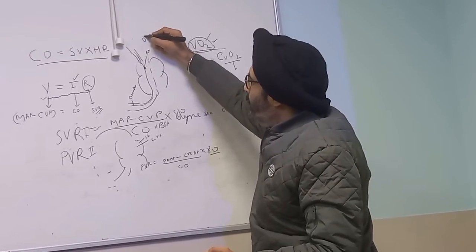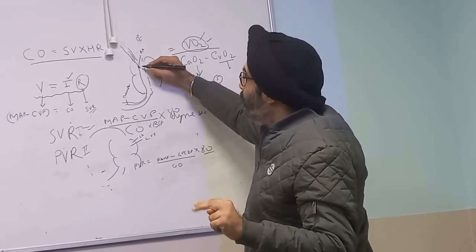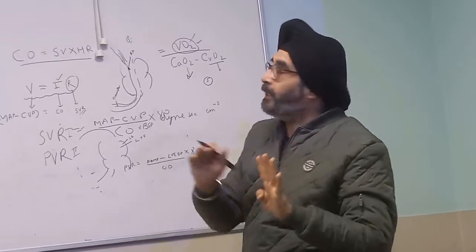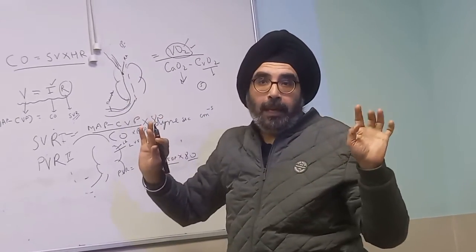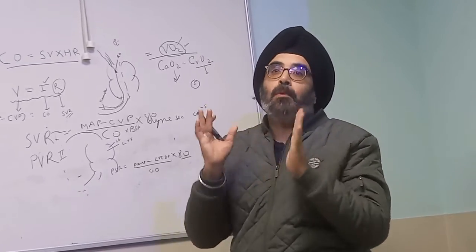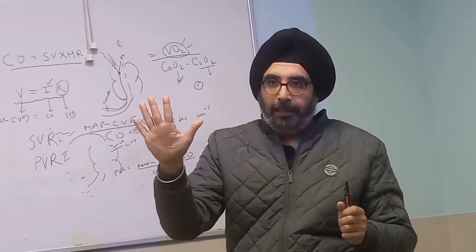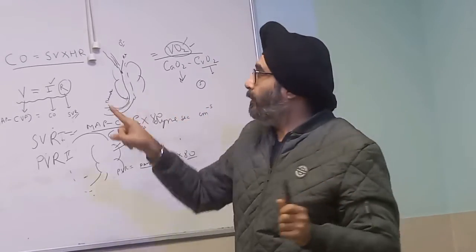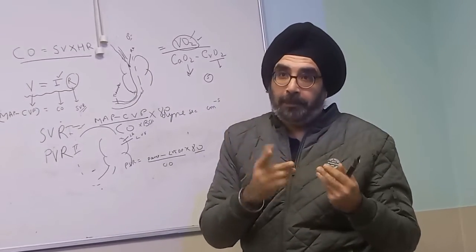It should be a very cold saline at 0 degrees, and then we see the decrease in temperature as it passes from here to here. You get it? So the idea is, if the cardiac output is more, the decrease would be faster. Correct? Agree? The decrease in the body temperature.